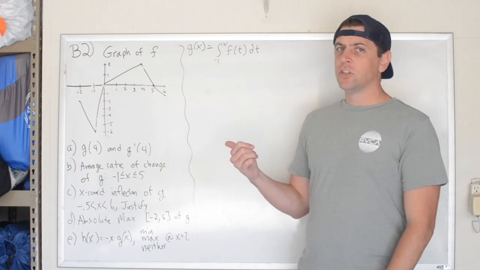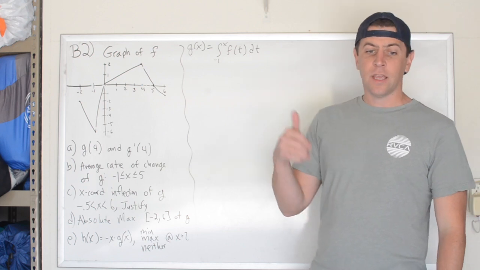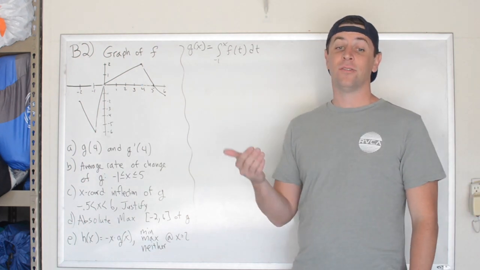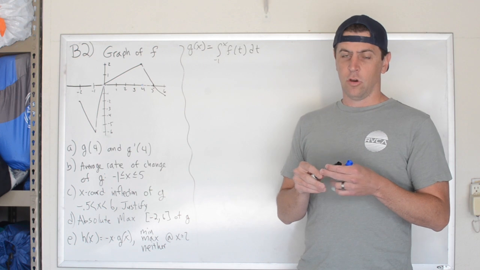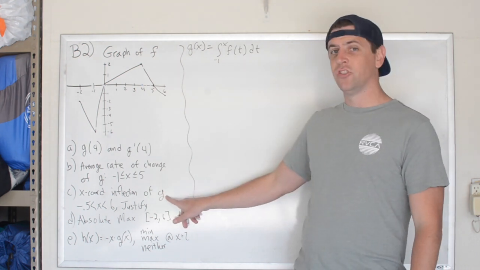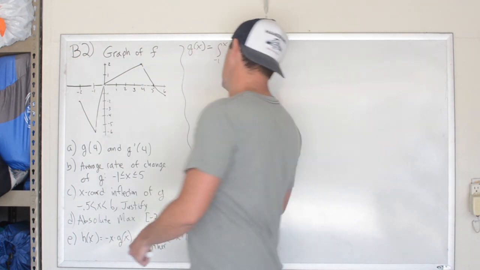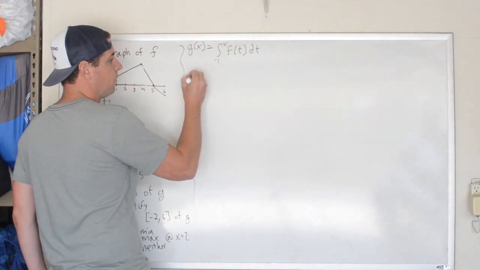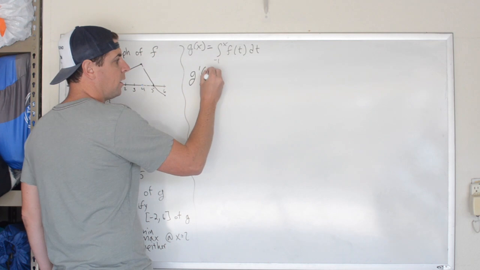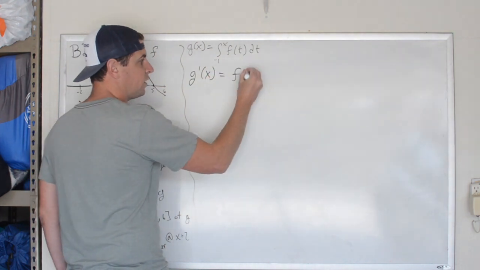So an inflection point is when our second derivative changes from positive to negative. So if I'm trying to find inflection points of g, I need the second derivative of g of x. Remember, and we showed this earlier, that g prime of x is equal to just f of x.